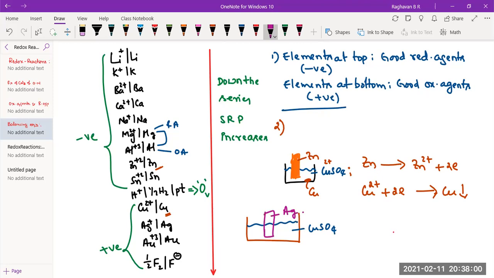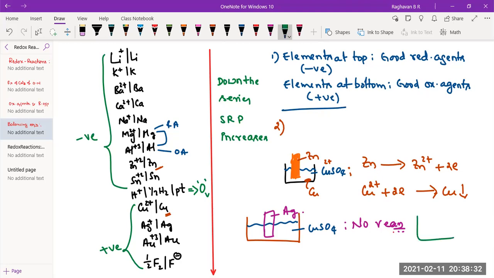Niche wala nahi deta hai, upar wala deta hai. Okay, silver is niche wala. You dip it, it will be just quiet. That's all. Nothing happens. If silver is dipped into copper sulfate, no reaction. When copper rod is dipped into the silver solution, then precipitation takes place.